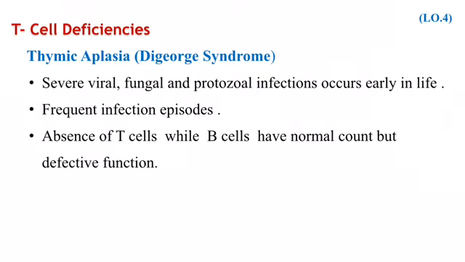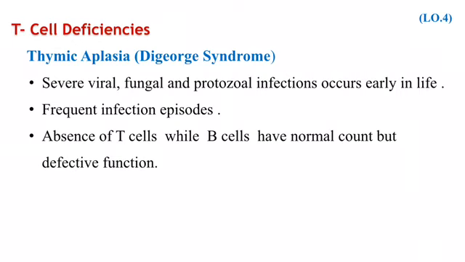Here there are no T cells in those patients but the B cell count is normal, but there is a defect in the function of B cells. Why does this happen in those patients?